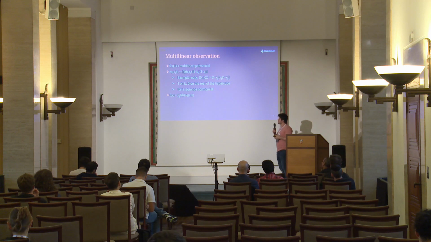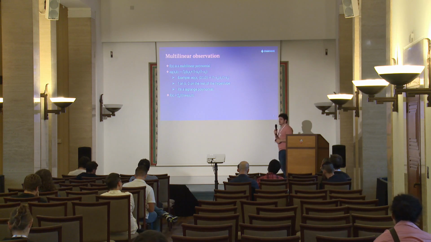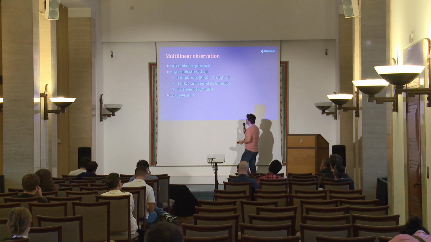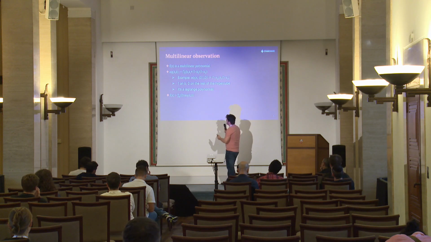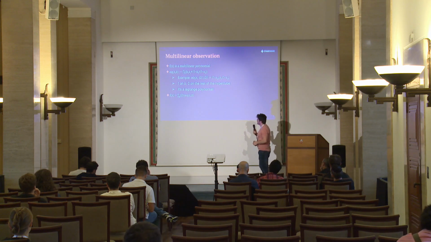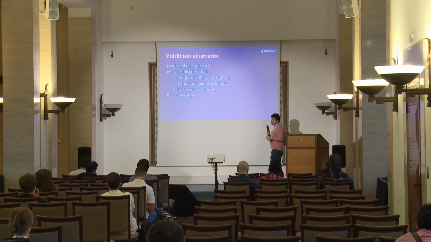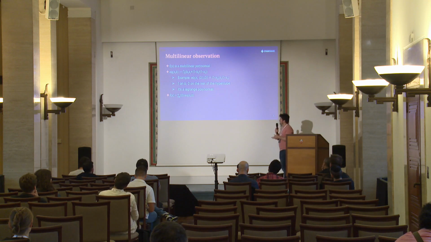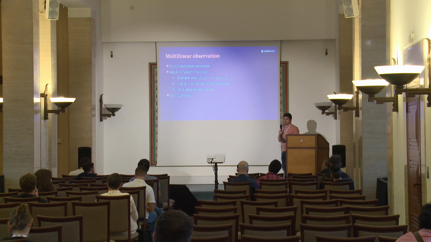Basically, we can use this to interpolate every polynomial and represent it as a sum of Lagrange polynomials. So basically, the thing we see below: any f of x is the sum over the hypercube of the value at point b times the Lagrange polynomial at b.